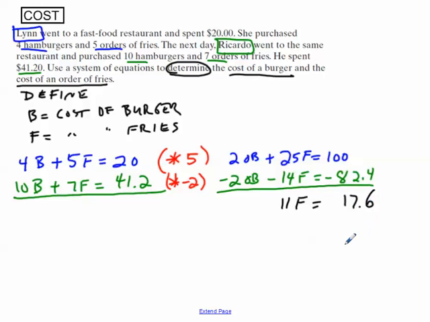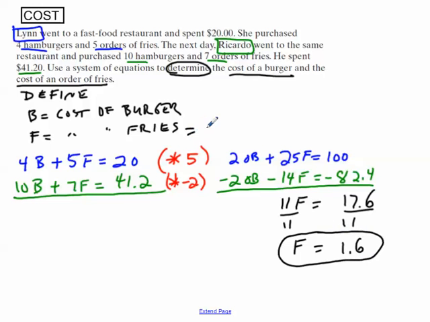I think that's correct without a calculator. Divide by 11 and I get f equals 1.6. Is that correct? Let's see if I've got it in my notes. 1.6, sure enough, that's correct. So f is 1.6 means that the cost of a fry is $1.60 in terms of dollars.